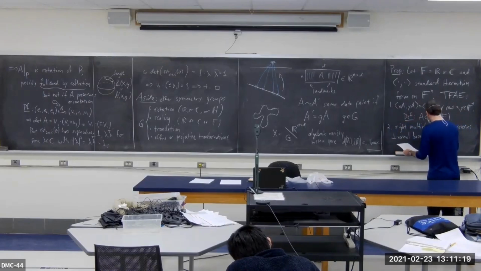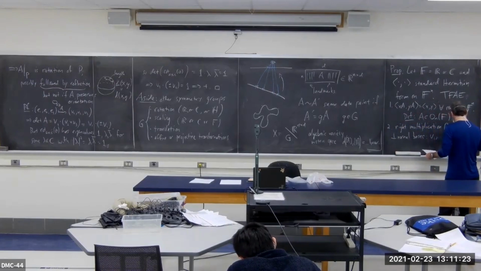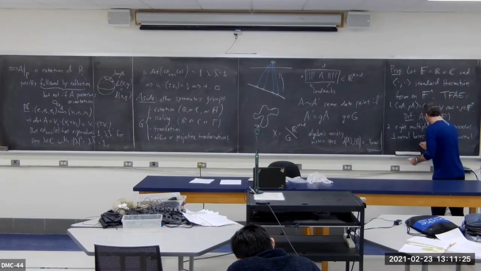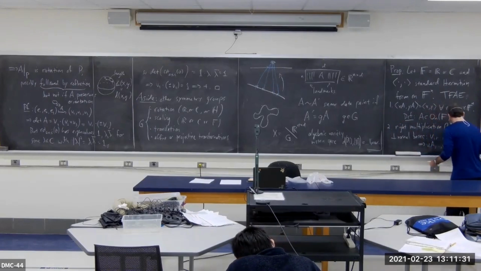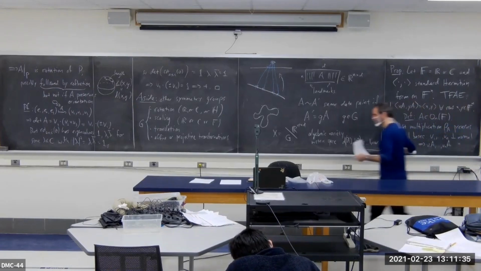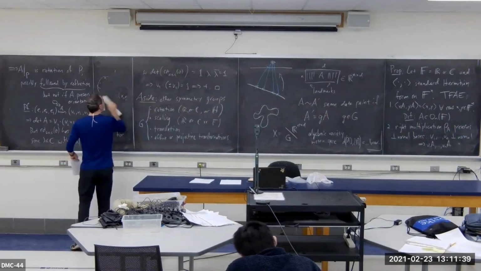By which I mean that v1 up through vn orthonormal implies that v1A up through vnA is also orthonormal. And remember, the point of this proposition is that these things are equivalent.